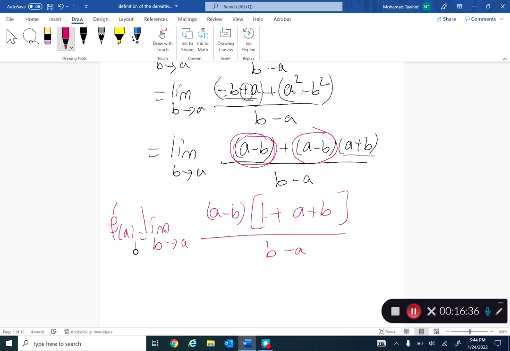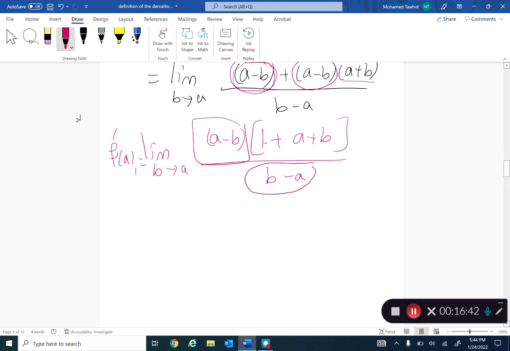So now let me ask you, what is the relation between a minus b and b minus a? Is there any relation? Yes. If I factor out a negative sign, look what you have. Negative multiplied by b, you get negative b. Negative times negative, you get positive. So the difference between those two terms is only a negative sign.